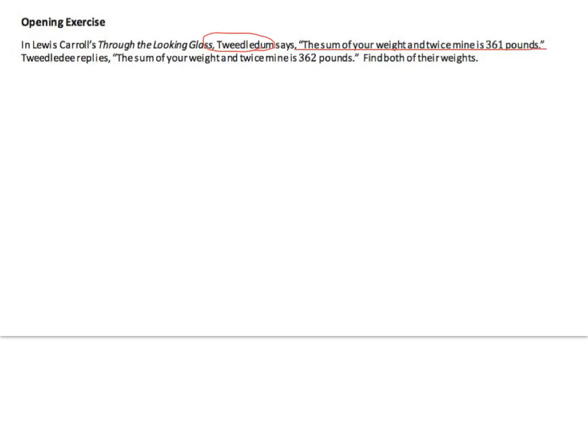So he says the sum of your weight, we're going to say your is y for Tweedledum. We're also going to say the word sum means plus. So I have the sum of your weight and twice mine is 361 pounds.